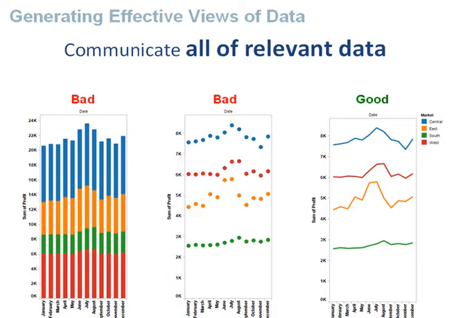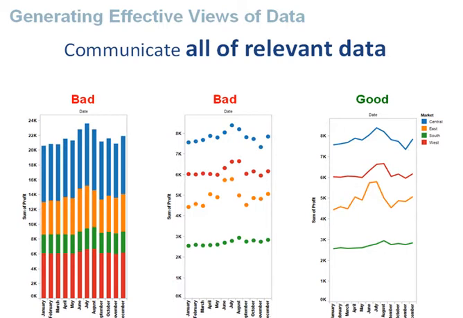In the first view, we're not really communicating all the relevant data. In this first chart, which is a bar chart, we've stacked the points, yet our question was, how is it trending by market over time?